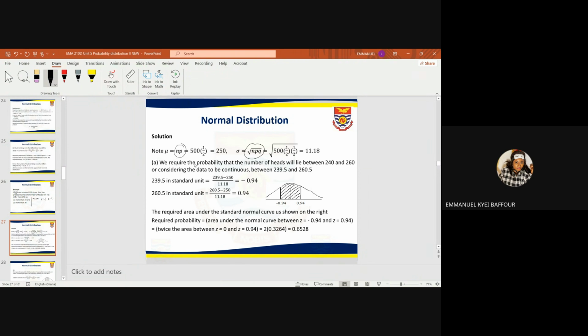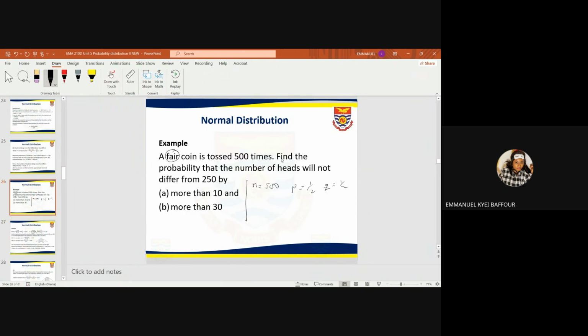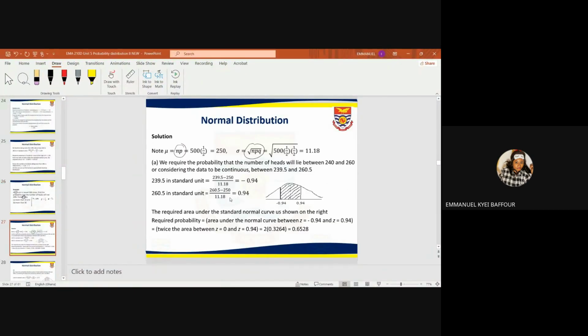Then it says it will not differ from this, so this is now guiding you as your mean. So if your mean is 150, it will not differ by more than 10, and will not differ by more than 30. So you can use it to approximate it, then you go with it.